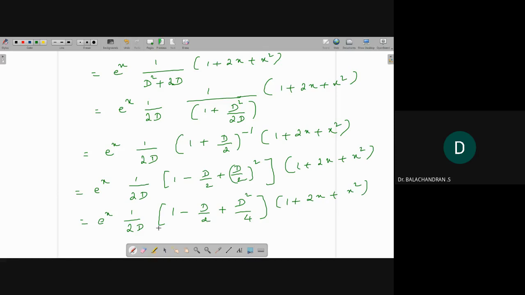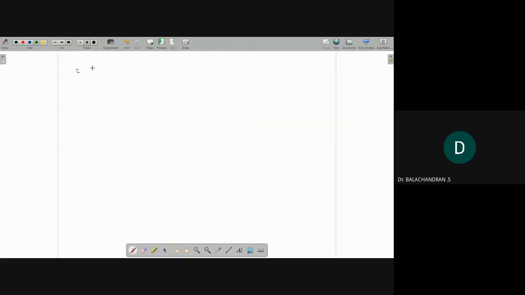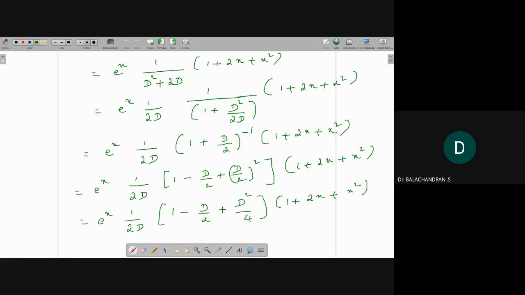Now the next step, I need to multiply 1 into everything, minus D by 2 into everything, plus D square by 4 into everything. Which is equal to e power x into 1 by 2D.